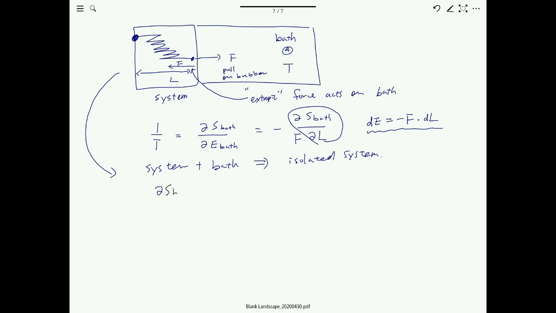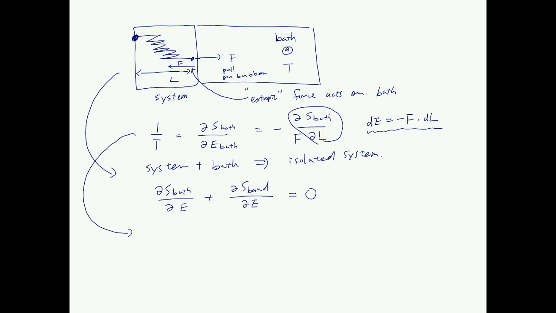The entropy can be separated into the entropy of the bath and the entropy of the rubber band, and the total change of them will be 0. So from this equation we find partial S is equal to minus F divided by T.